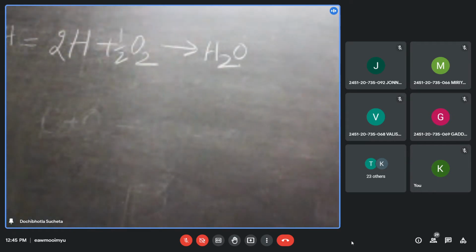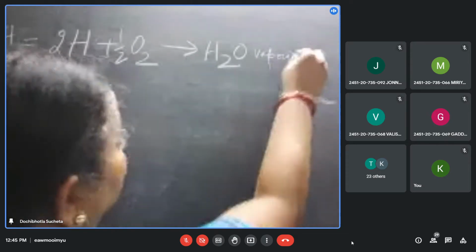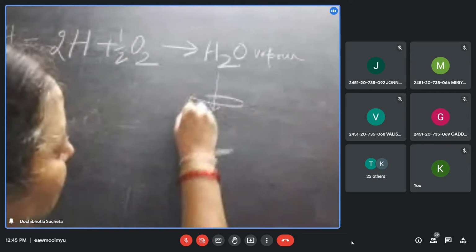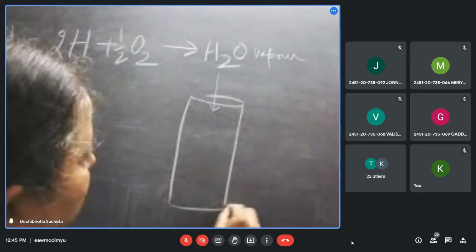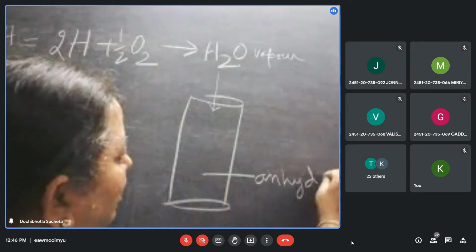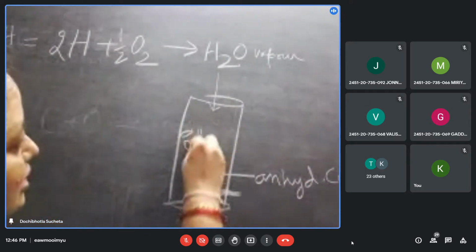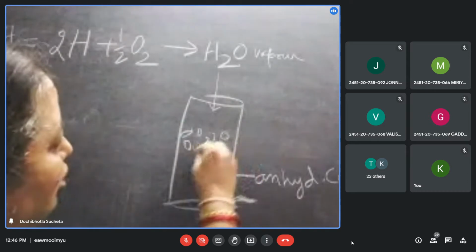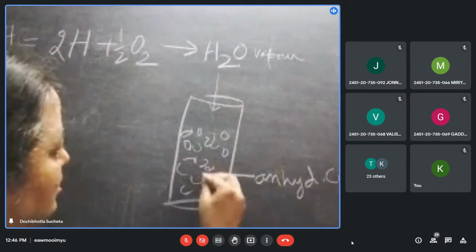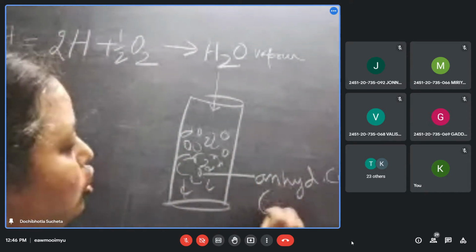These H2O vapors are forced into a bulb containing known weight of calcium chloride. Then I'll pass it into a bulb which contains anhydrous calcium chloride. That is the structure of calcium chloride: it will be like small balls, white color and of known weight.